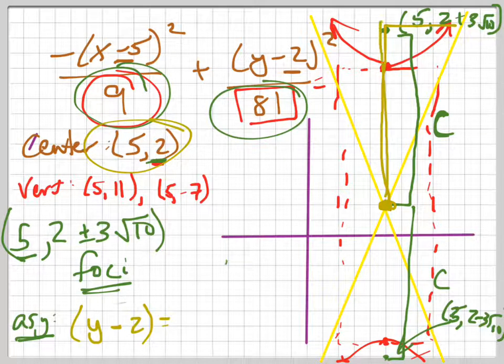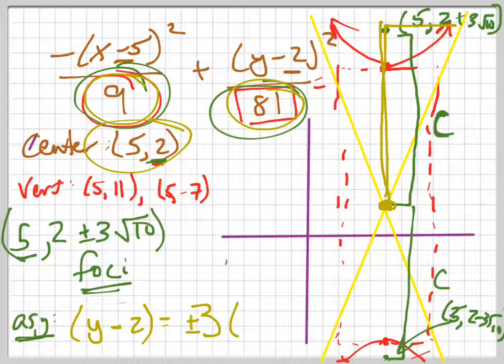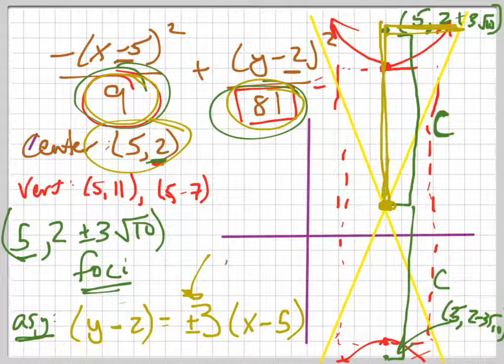Remember, I went up 9 and over 3, so 9 divided by 3 is 3. So it's plus or minus 3 times (x minus 5). I put the plus or minus in there because one of them is going up and to the right, that's a positive slope, while the other is going up and to the left, which is a negative slope. So either plus or minus takes care of both of those. And there's your equations.